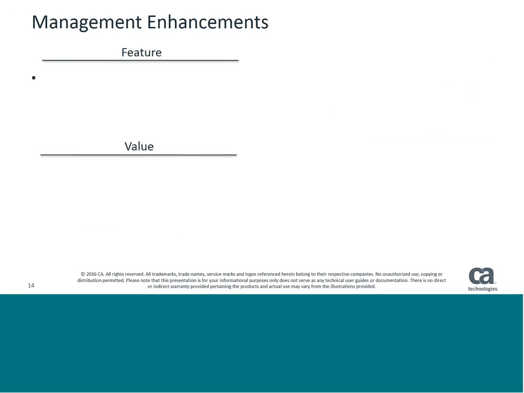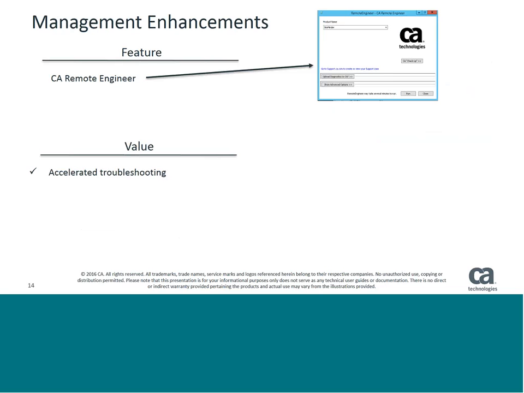Okay. Other areas of enhancements that are part of 12.6 as well as 12.6.01 are in the area of management. One of the things that CA has as a capability is a tool called Remote Engineer.